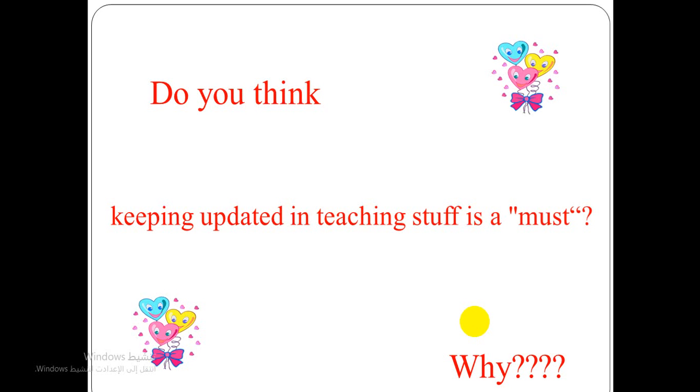Also, variety and flexibility are the most important features to implement in any class. In addition, there is no questionable method or activity; it all depends on the teacher's style and the students' needs. So, keeping updated in teaching stuff is a must.